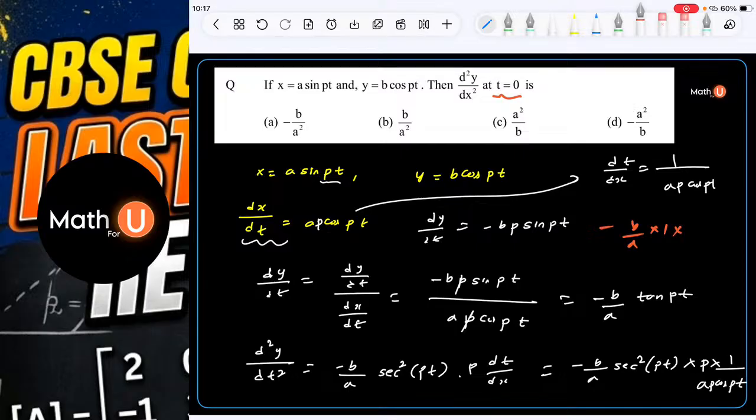Here p gets cancelled, a into a square gives a square in the denominator, and the remaining part also gives 1, that is nothing but minus b by a square. Then option A is the correct answer.